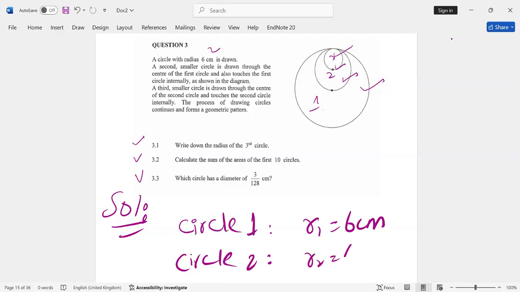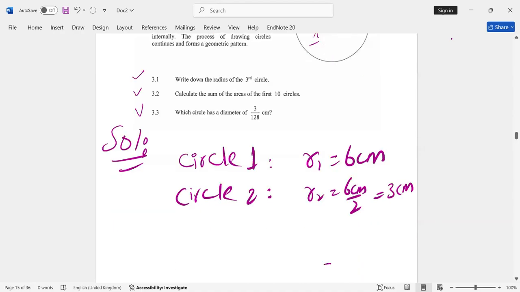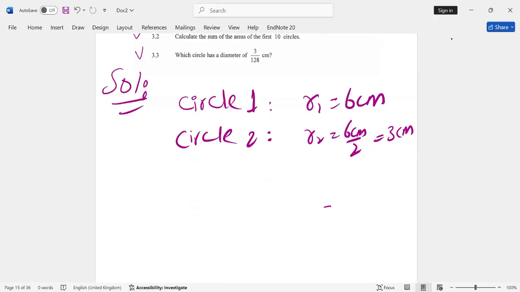So R2 is 6 centimeters divided by 2, we have 3 centimeters. So the radius of circle 2 is 3 centimeters. And the radius of circle 3, R3, is 3 by 2, all right? So it is 1.5 centimeters.